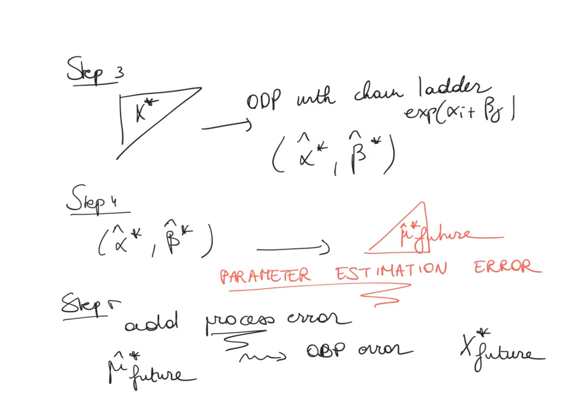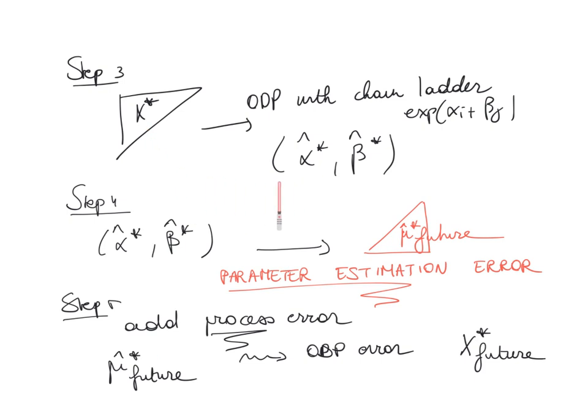So there is one last step here in the final step, where I say, okay, you've got your estimates for the mu, for the mean. You want to add process error, so you want to make a draw from an over-dispersed Poisson model, which has the mu hat star here as the mean. So then you're going to apply the recipe that we just discussed. Say, okay, I've got a new triangle.